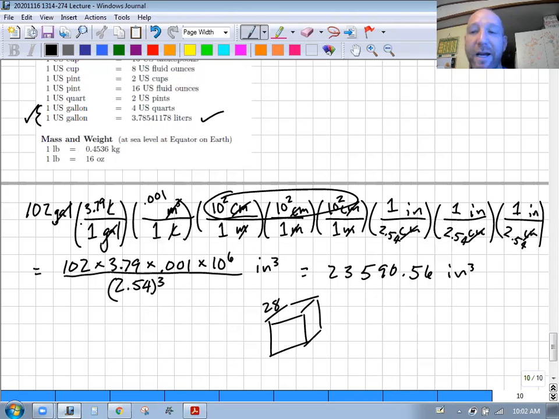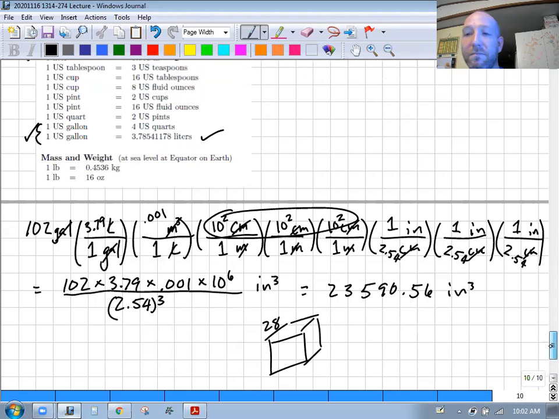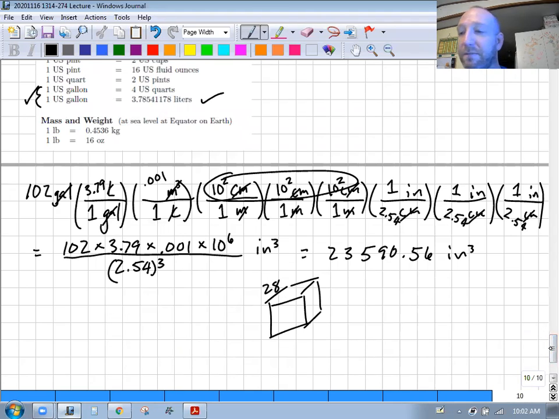For 102 gallons, you know what 28 inches is? About 2.5 feet. So a box 2.5 feet by 2.5 feet by 2.5 feet would hold approximately 102 gallons, according to these calculations.